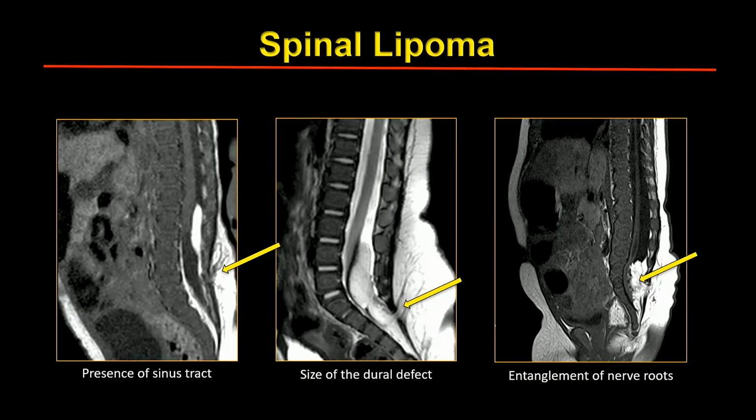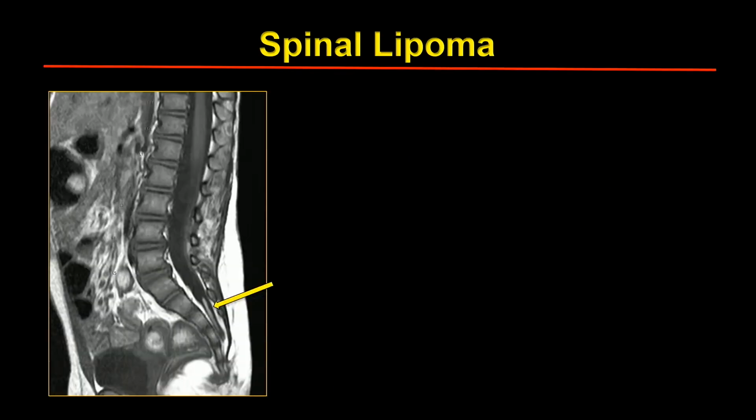And if there's a dural defect, they want to know how big the defect is, because the bigger the defect, the more problematic the dural repair will be. And the third thing they want to know is how chaotic the lipoma is. If the lipoma is completely entangled with the nerve roots, the gross total resection capability goes dramatically down. So from radiology perspective, all they care is: is there a sinus tract, what's the size of dural defect, and how much entanglement of the nerve roots is there.